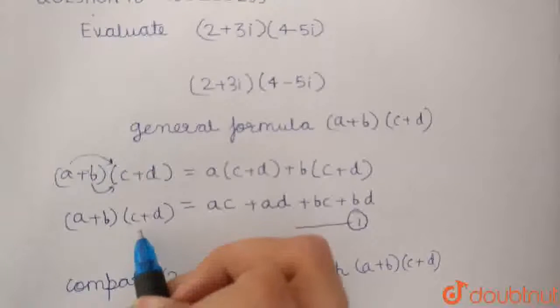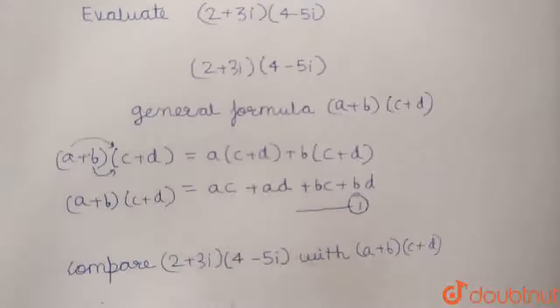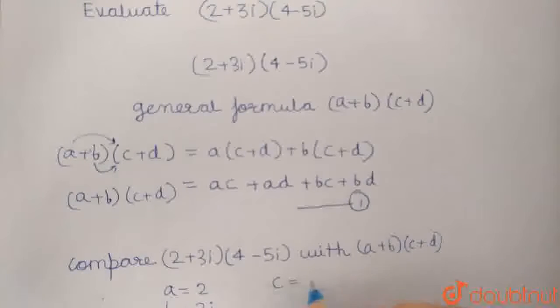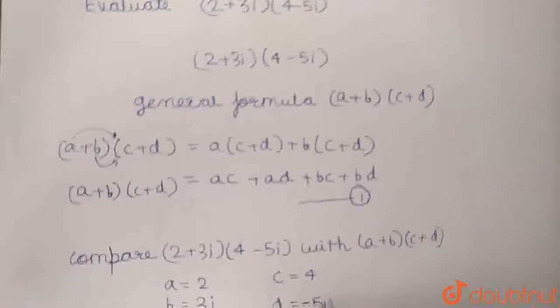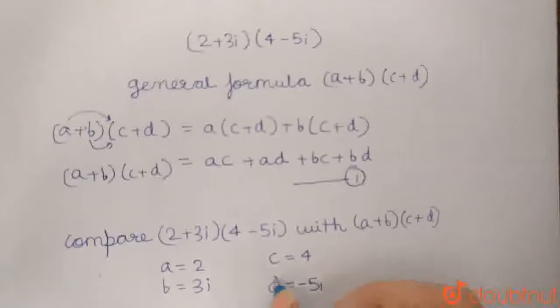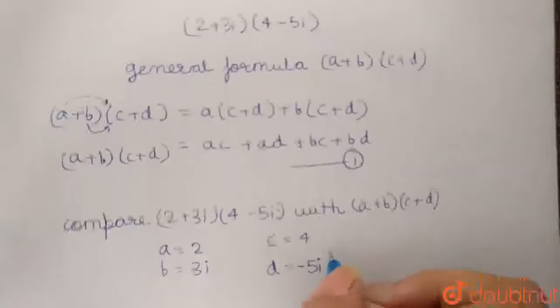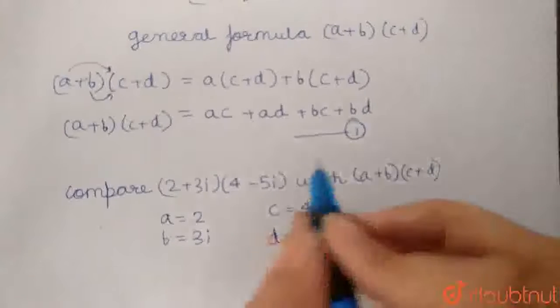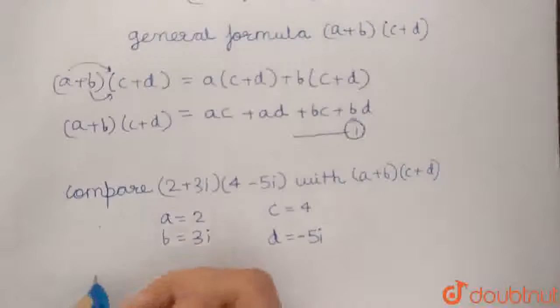Upon comparison, we get a equals 2, b equals 3i (3 times iota), c is 4 and d is minus 5i. Now we have to substitute these values of a, b, c and d in our equation 1.